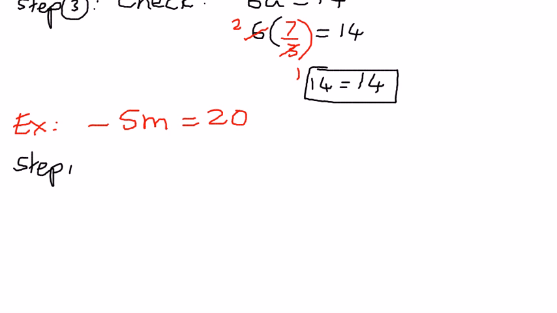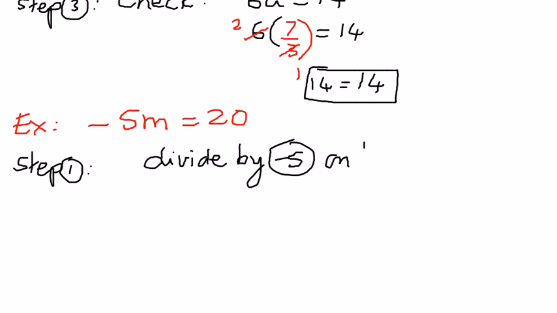Step number 1, since we have a negative 5 associated with m, we want to get rid of that. We're going to divide by negative 5 on both sides of the equation. Okay, so let's write that step. Divide by negative 5 on both sides of the equation, both sides.